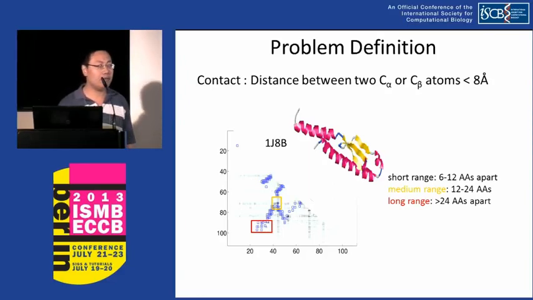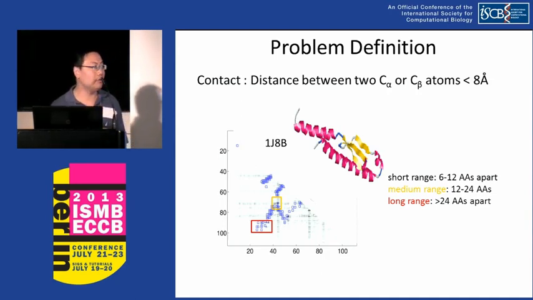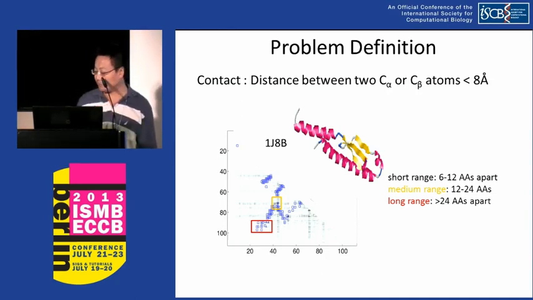The reason why we want to do contact prediction is because contacts have been used for protein alignment and protein classification. Contacts also describe the relationship between two residues, like the spatial relationship or functional relationship, and are very helpful for protein structure prediction.